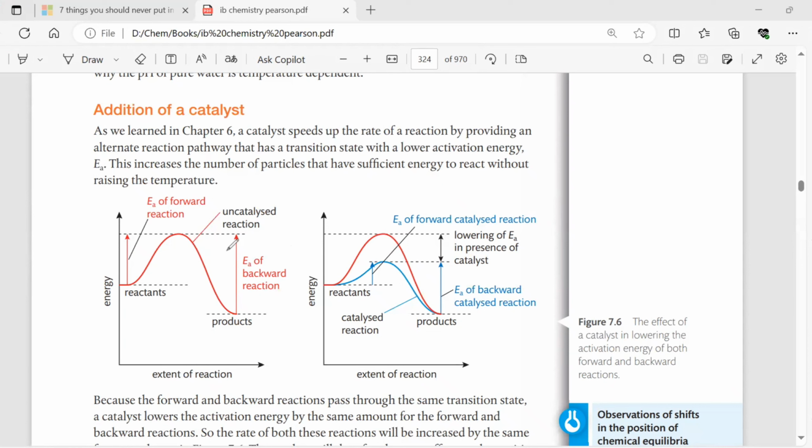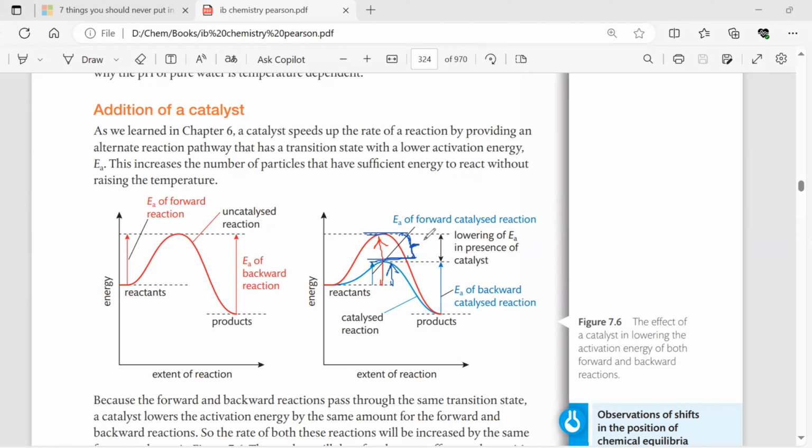So this was the earlier activation energy, and now it provided an alternative pathway at a lower activation energy. This is the lower activation energy. The activation energy was lowered by this amount. Did you get this thing?